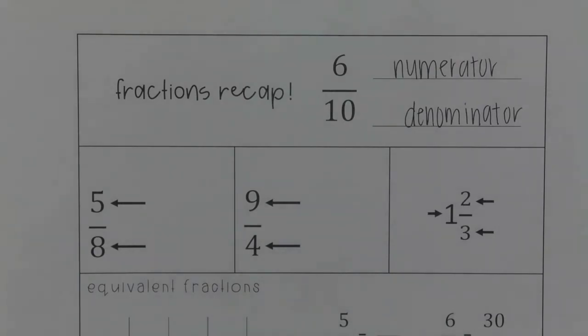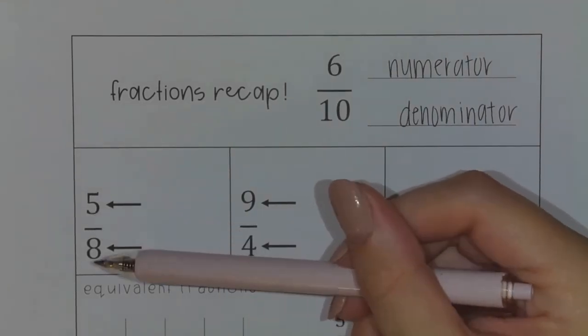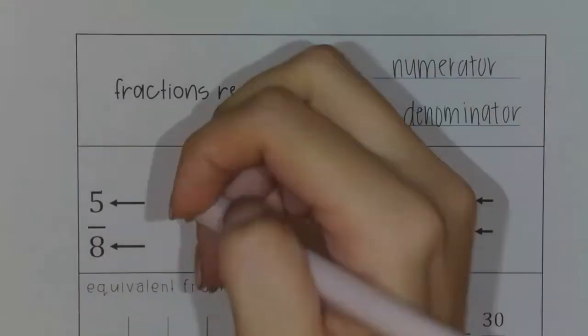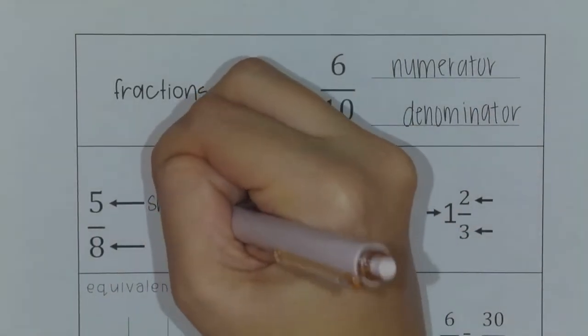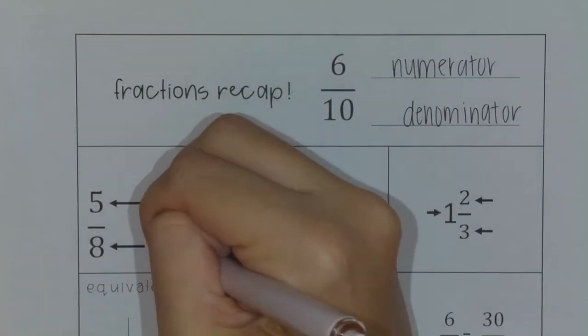So we're going to talk about first three different types of fractions that we see. We're going to start with this one right here. I would read this as 5/8. And here's what I want to notice about this. The numerator is the smaller number. The denominator is the bigger number.